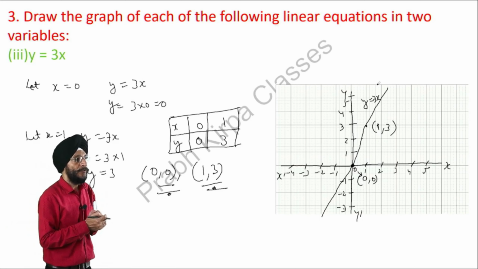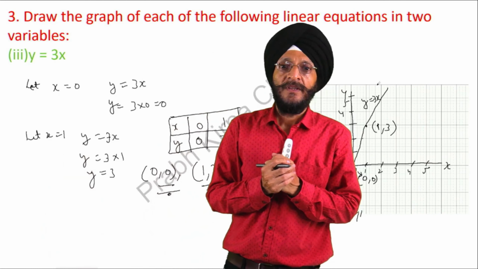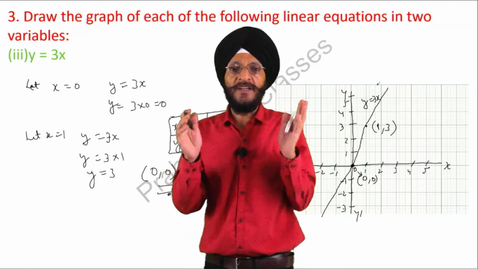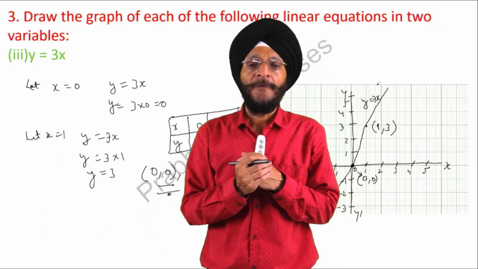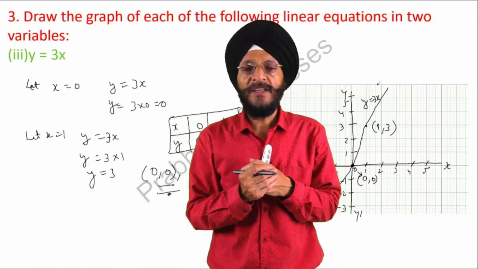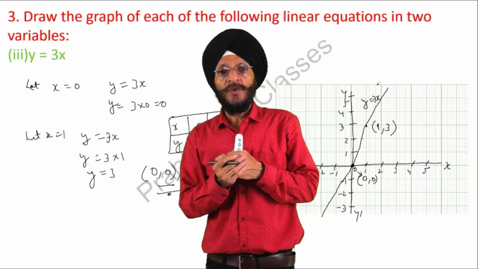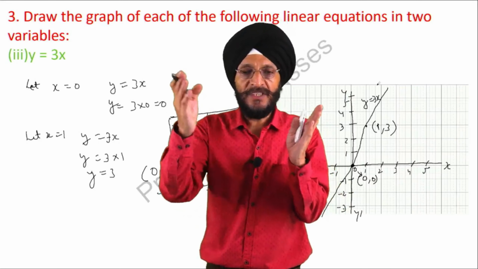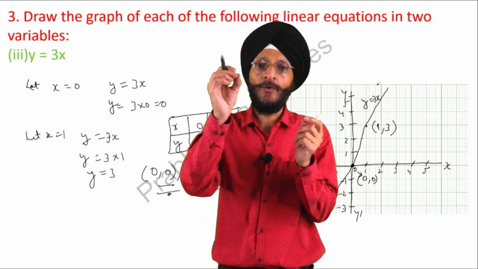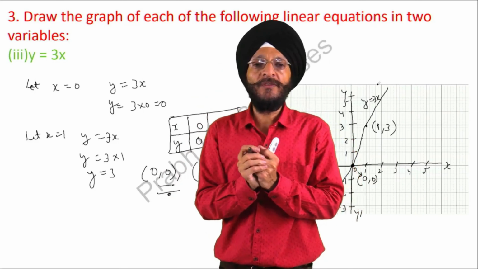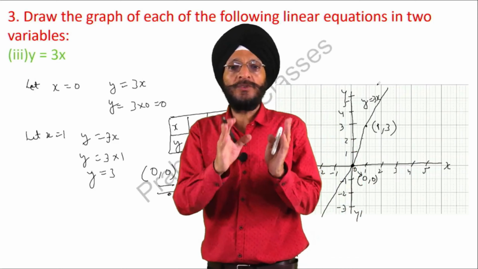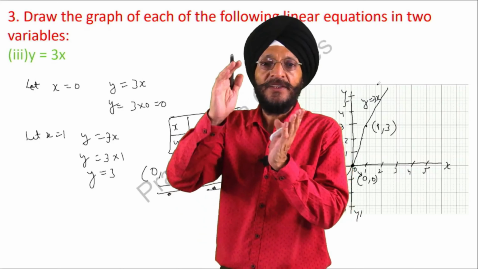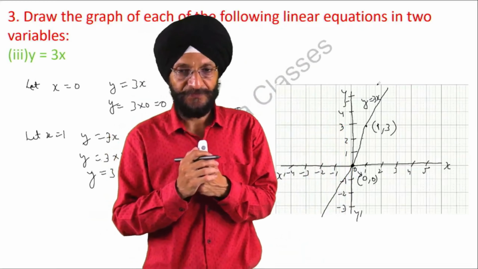In a nutshell, we can say that when we are to form the graphical representation of a linear equation in two variables, we will have to find out the 2 points which can be joined together, and to find those 2 points, we will have to find out the two solutions of x and y which satisfy the equation.